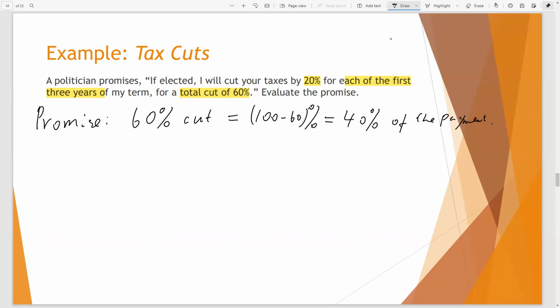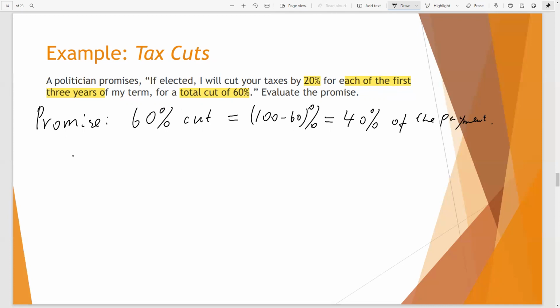It's 40% of the payment of your taxes. That's what he promises. And then let's see what he is going to do. He will do a 20% cut for each year for 3 years. That's already a difference, but let's see what turns out at the end.